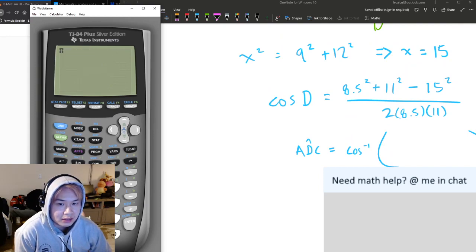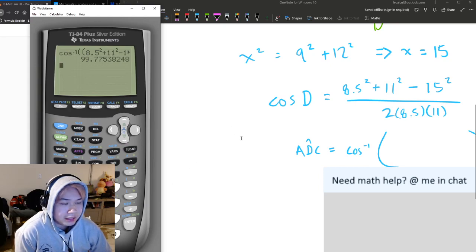So inverse cosine of all of this: 8.5 squared plus 11 squared minus 15 squared, divided by 2 times 8.5 times 11. Close the bracket, close the bracket. I think that's all the brackets I need. And tell me the answer. 99.8 degrees.